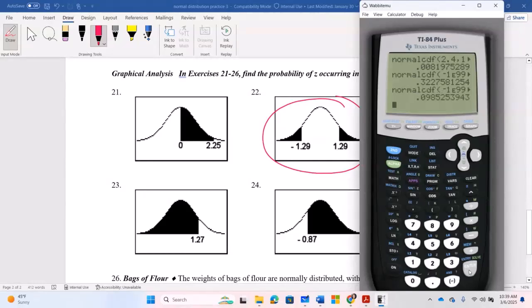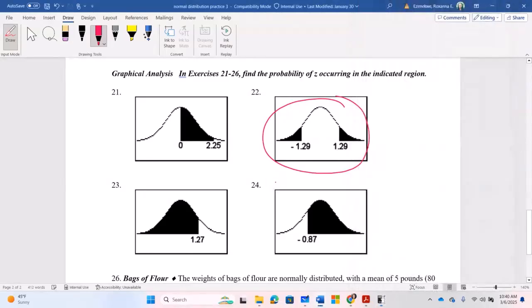When I calculate, see what I have. The area is 0.0985 to 4 decimal places. So this area right here is 0.0985.